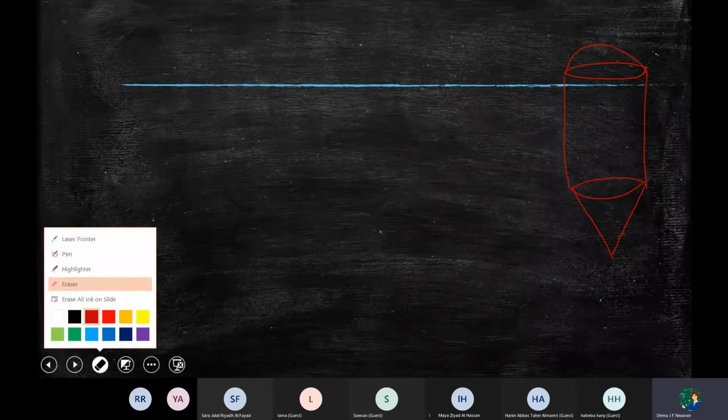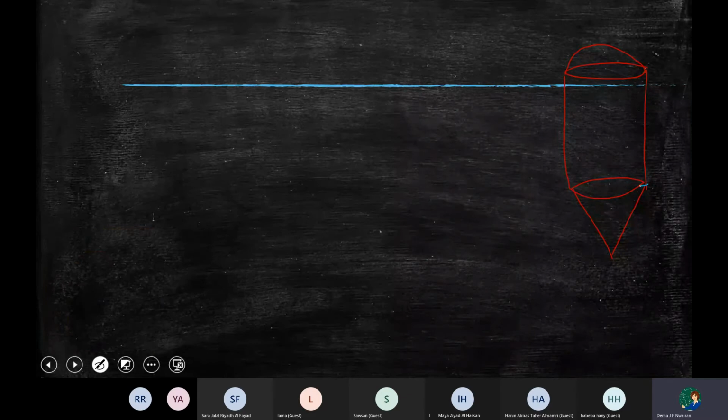The radius here is 3 and the height here is 7. The height here is 4. The slant height here is 5. The radius is known. Now let's find the surface area of this composite figure.